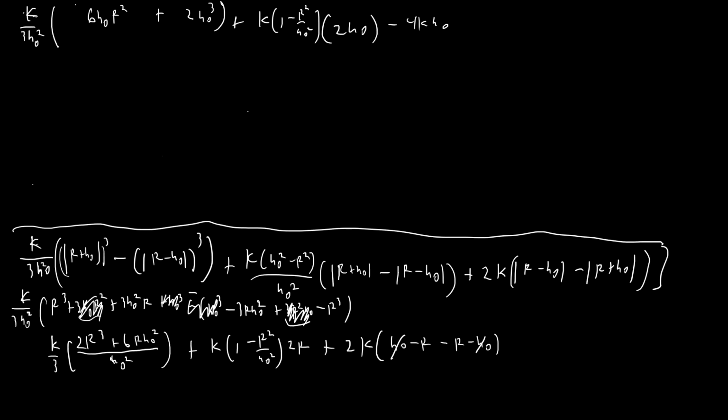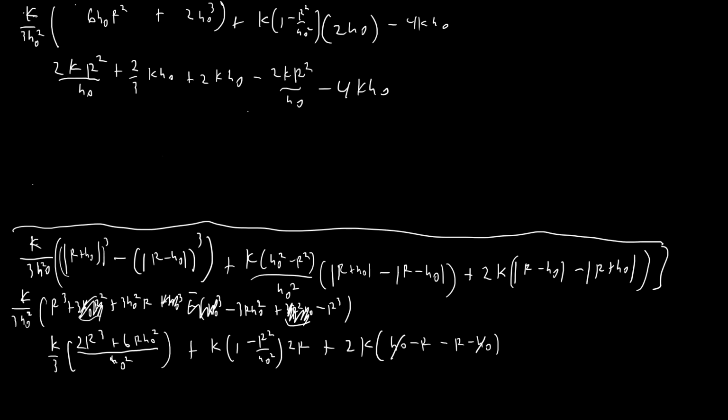So if we multiply all this out, this first part is going to be 2kR squared plus 2/3 k h0 plus 2k h0 minus, oh, this first term, I'm sorry, should have an h0 on the bottom, and so we're going to end up with minus 2kR squared over h0 from this term, and then minus 4k h0.